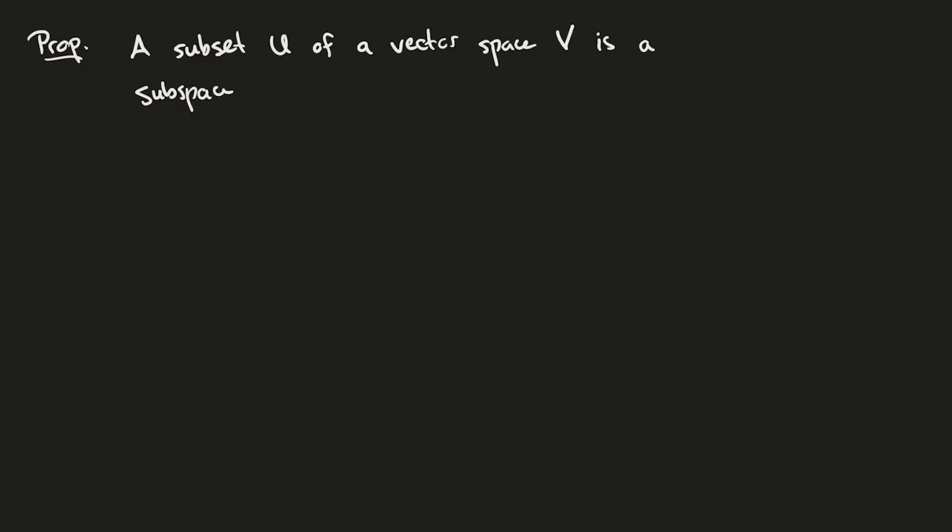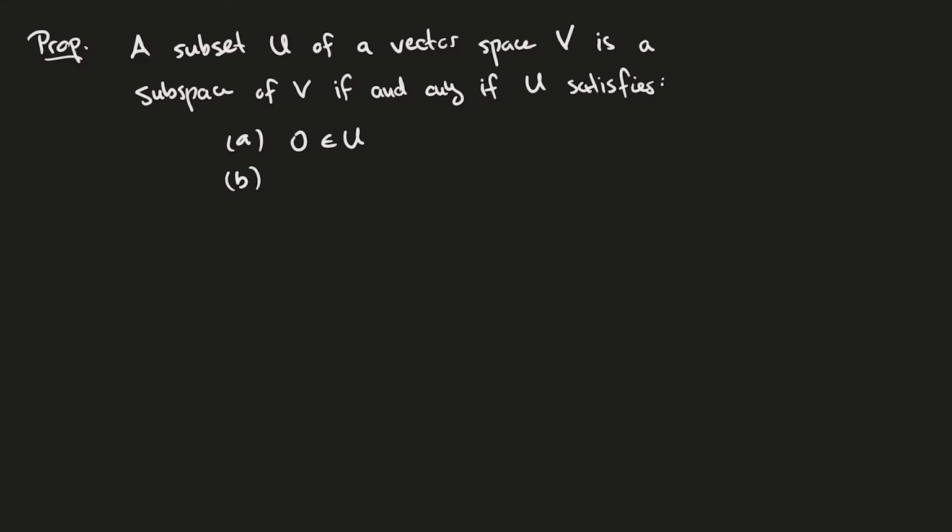Let's summarize the previous discussion in the following proposition. A subset U of a vector space V is a subspace of V if and only if U satisfies the following 3 conditions. First, we want the additive identity 0 to be an element of U. Second, we want U to be closed under addition.